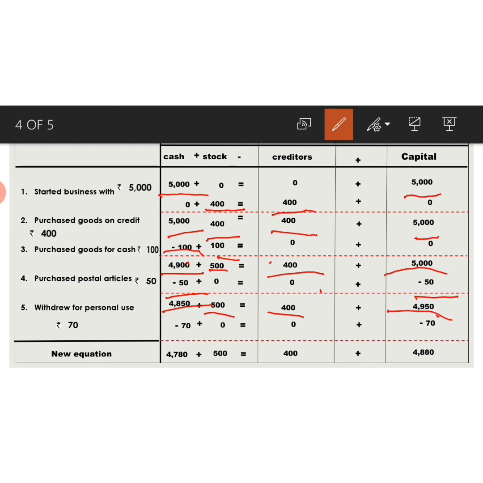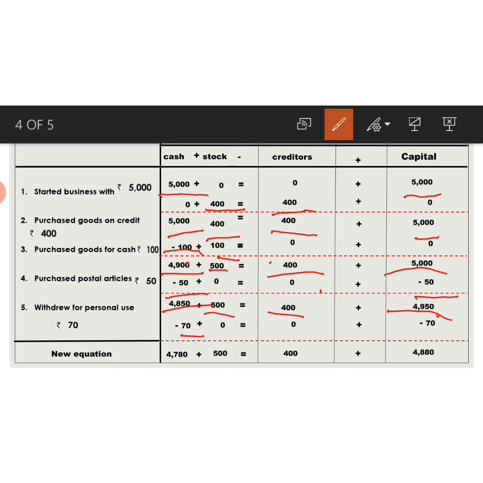Again, the last transaction, withdrew cash for personal use. Here, the proprietor has withdrawn cash for his own personal use. Since the withdrawal is in the form of cash, it should be deducted from the cash section, minus 70.